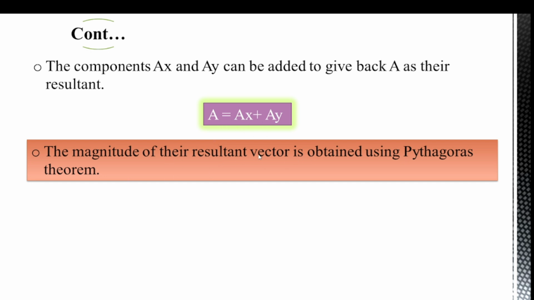That means the square of A is equal to the square of ax plus the square of ay. So the magnitude of A becomes the square root of ax squared plus ay squared.